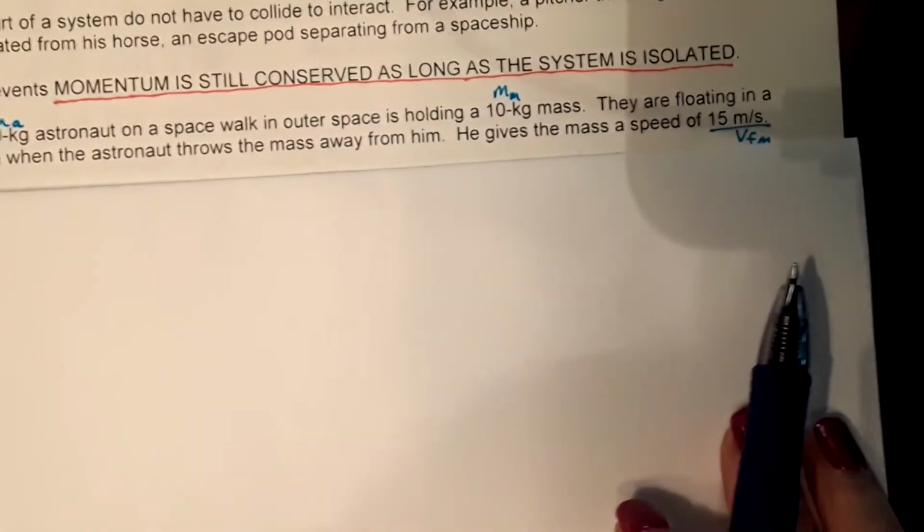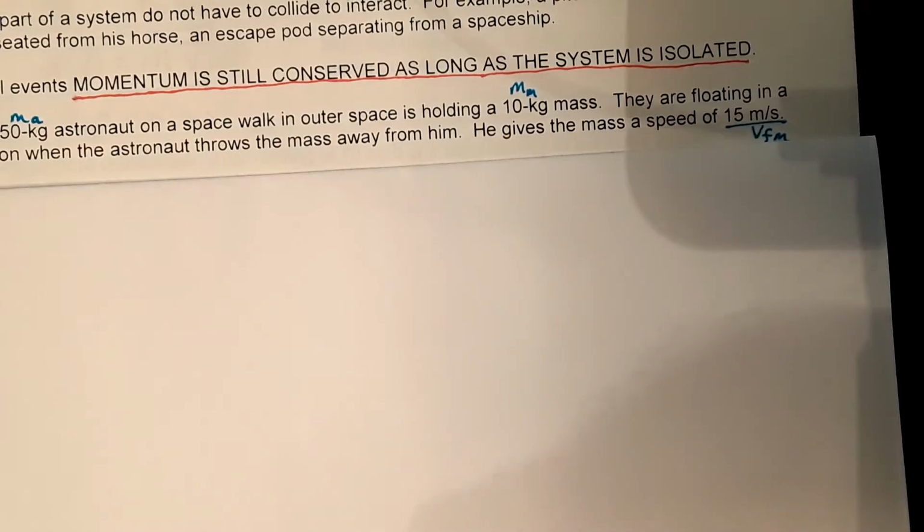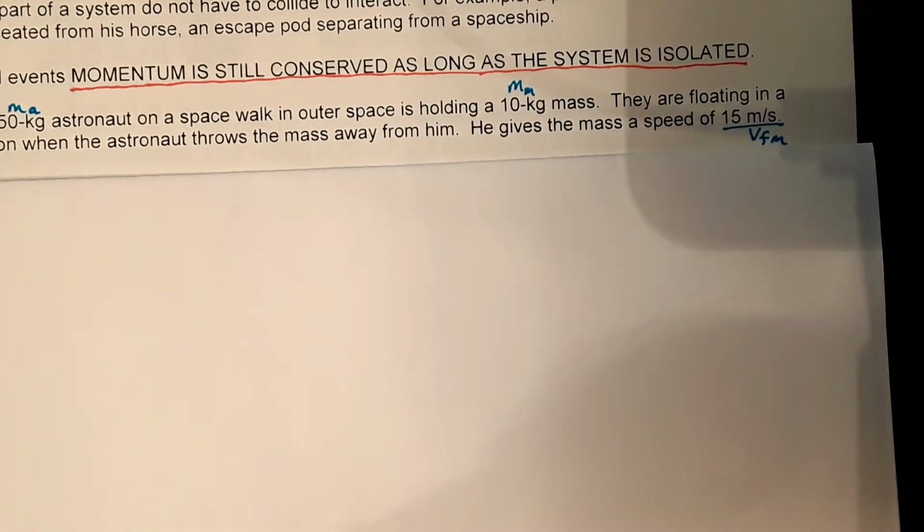They are floating in a stationary position when the astronaut throws the mass away from himself. He gives the mass a speed of 15 meters per second. So when it leaves his hand, that mass will be moving forward at 15 meters per second.